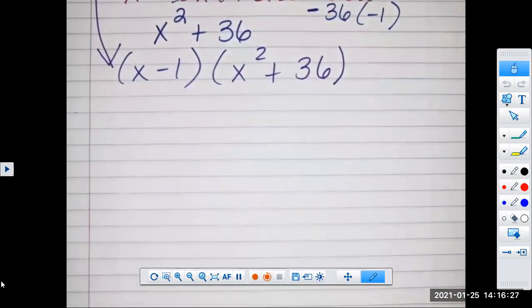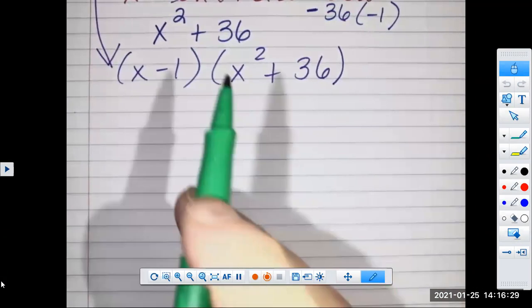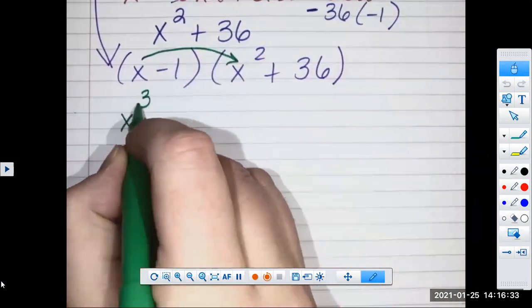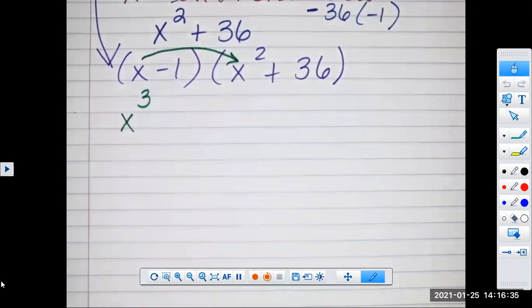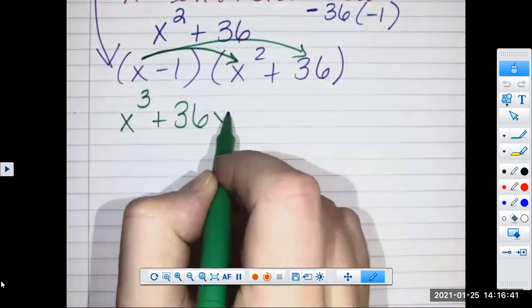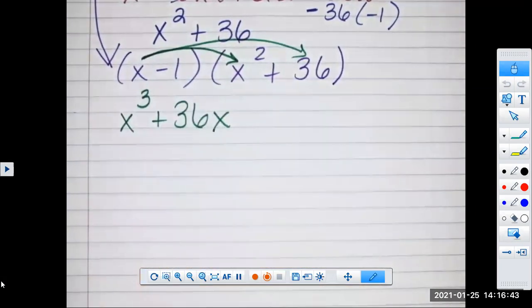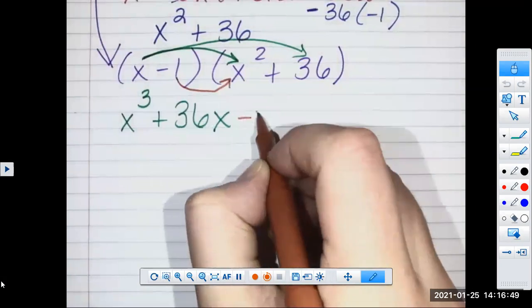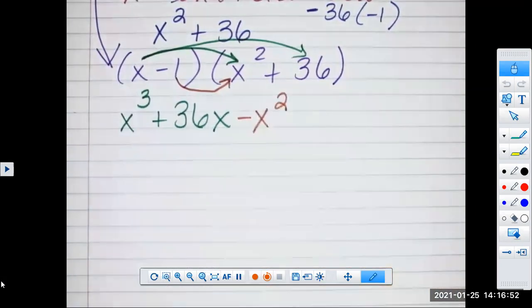Go through the same process, make sure you distribute. So x times x squared gives you x to the third. x times 36 is 36x. Negative 1 times x, negative x squared.